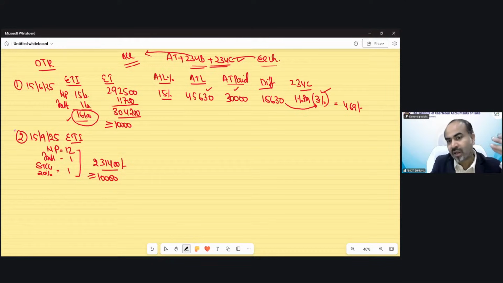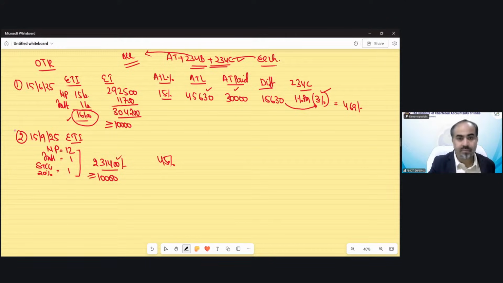Then we will check in the third installment. So if on any installment date this value is not exceeding 10,000, then you need not follow advance tax provision for that particular date. We have to go for the next installment date. But because this is higher than 10,000, of course, it would be applicable.